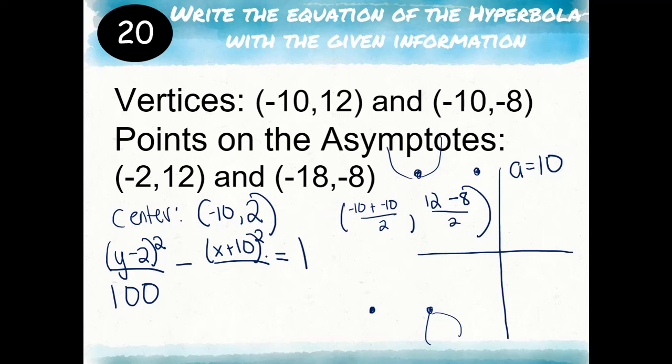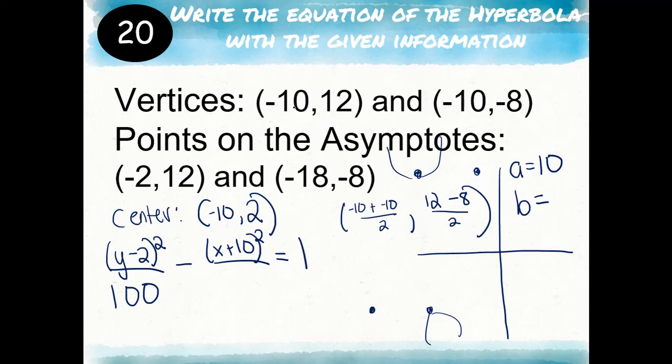X, well, I need to find b, right? Because that's the other term. B is how far from a vertice to the point on an asymptote, which in this case, well, what we got here? Well, my center is negative 10, 2. Oh, no, I need to go from vertices to the asymptote.